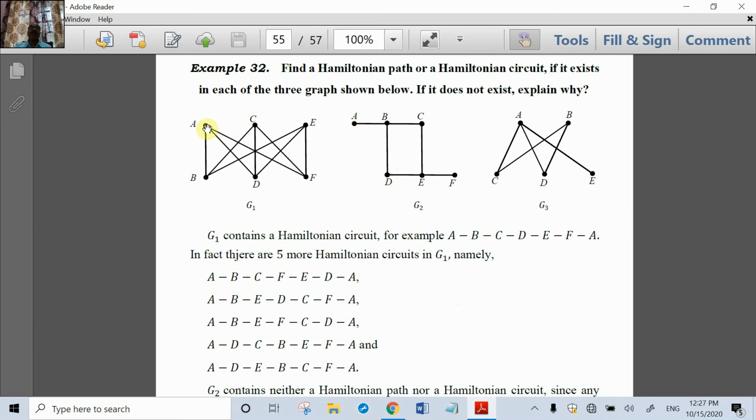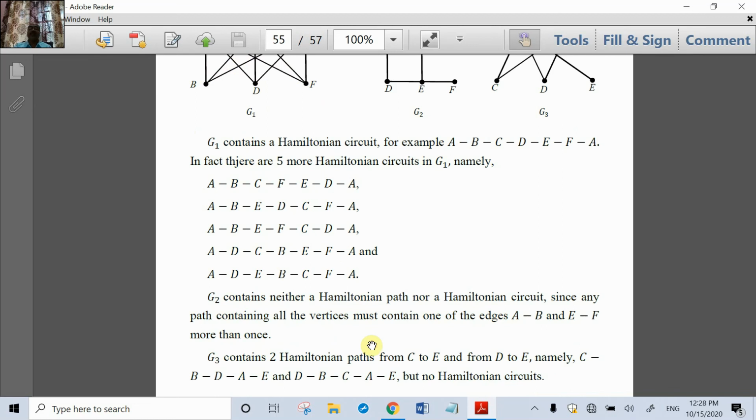Here, if you consider this graph, it has a Hamiltonian path and a Hamiltonian circuit also: A, B, C, F, E, D, A. Vertex repeated once. Similarly, you find this.